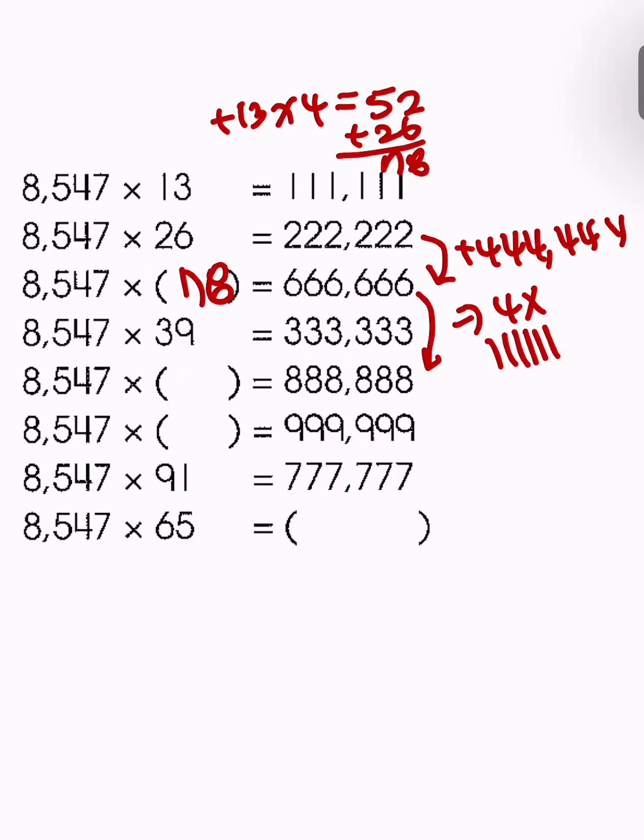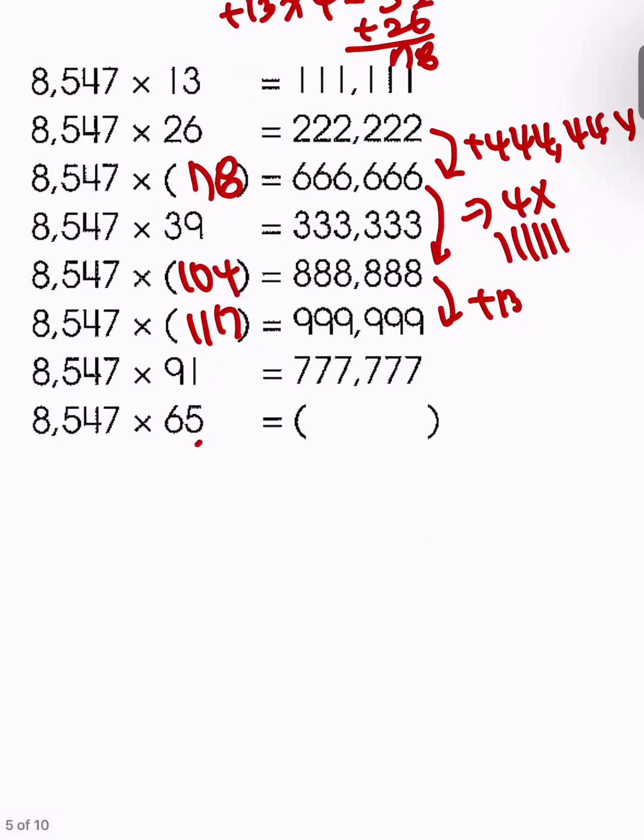We're adding to 78. Sorry. So we're adding 78 and 26, which gives us 104. Now we just add 13 to 104, and that gives us 117.